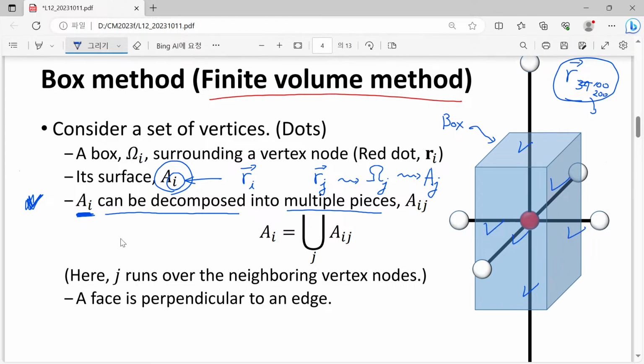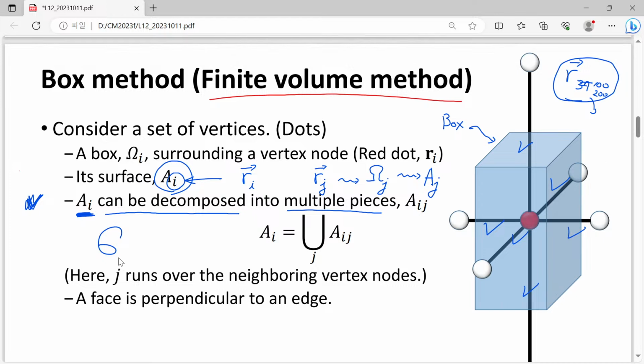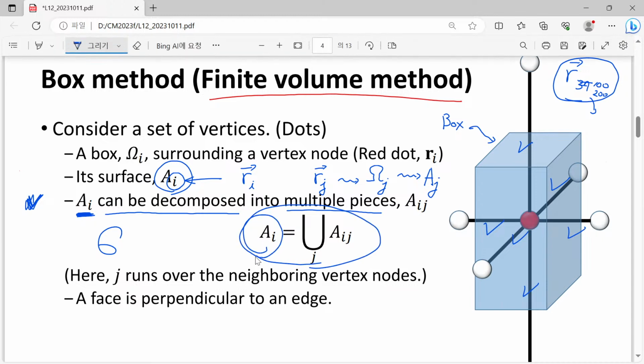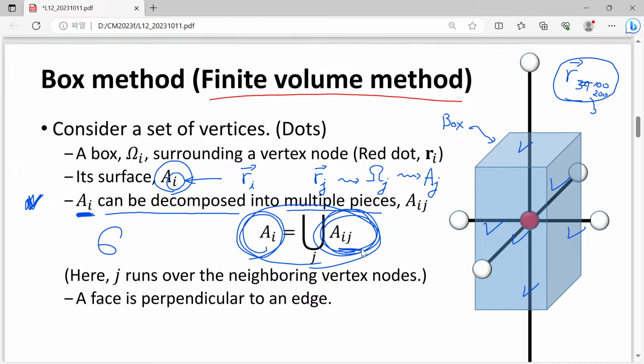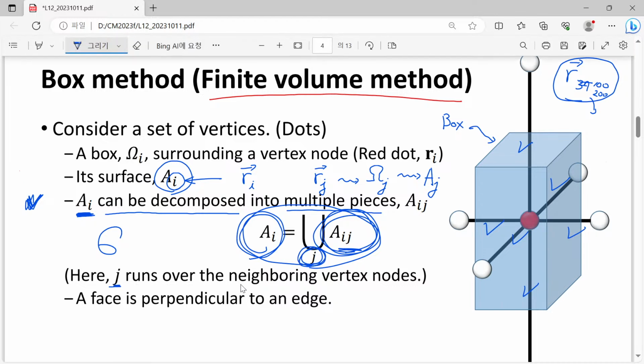You may find 6 surfaces as components of this entire surface A sub I. So simply speaking, the entire surface can be regarded as just a sum of all of our small sub-surfaces. And finally, here we have J, and J here means the neighboring vertex nodes.